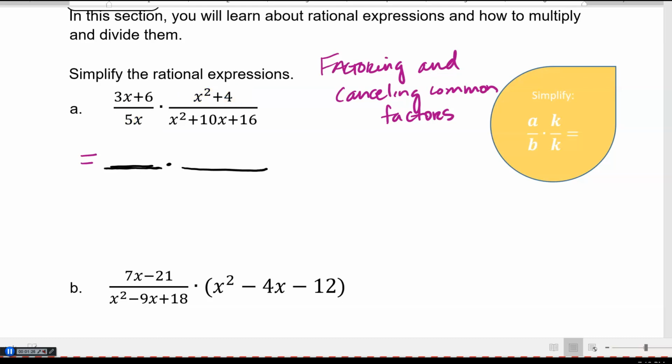Is x squared plus 10x plus 16 factorable? So I would say factor everything that you could factor right now, and this is going to help you with learning how to factor for the factoring test. Okay, so pause the video, factor everything you can factor, and let's see if you got it right.